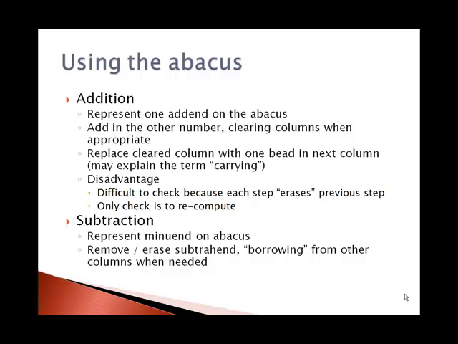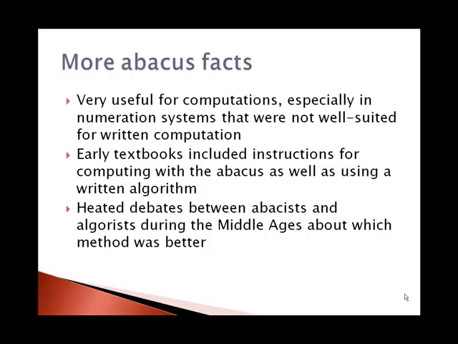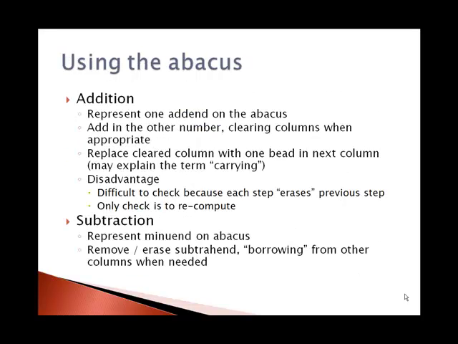To add using an abacus, you represent the first addend on the abacus and then place in the second addend, and when you have too many for that column, say you're on a soroban and you have more than 5, you take 5 of those 1s and place it as 1 5 above that. Or if you have 2 5s, you can replace that with 1 10.